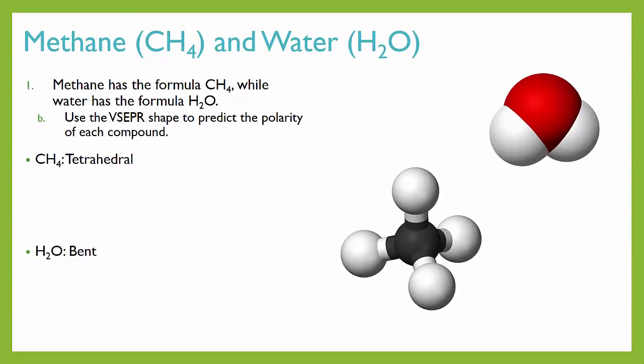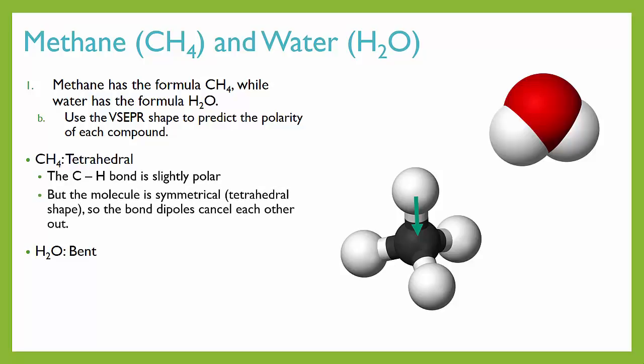Next question asks us to use that VSEPR shape to predict the polarity of each compound. So we determined that methane was tetrahedral. So the carbon to hydrogen bond is actually slightly polar. So those electrons are actually being pulled towards the carbon.